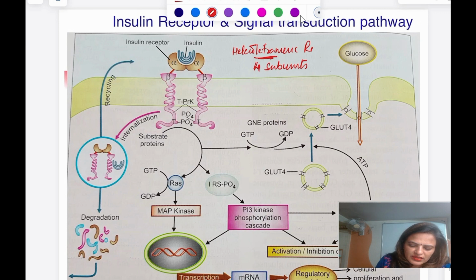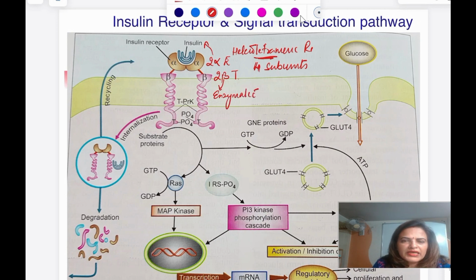Which ones? 2 alpha and 2 beta. The 2 alpha subunits are extracellular and the beta subunits are transmembrane. The alpha subunit carries the insulin binding site, whereas the beta subunit has the enzymatic activity.